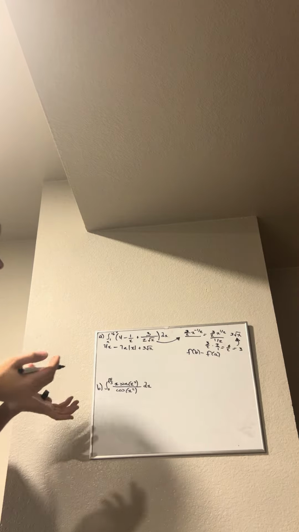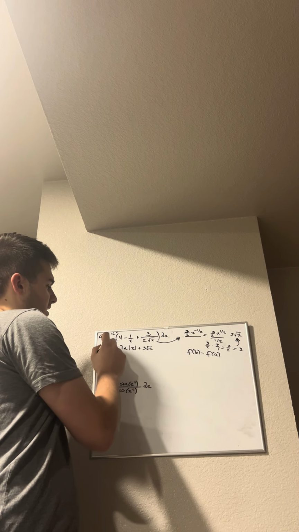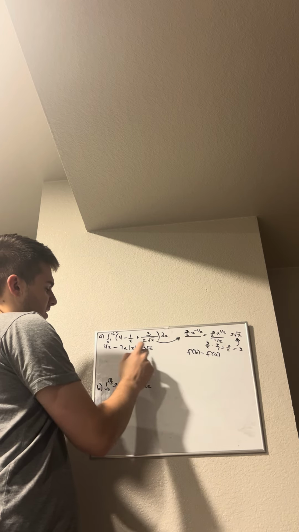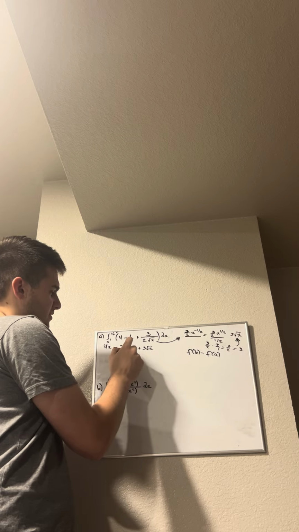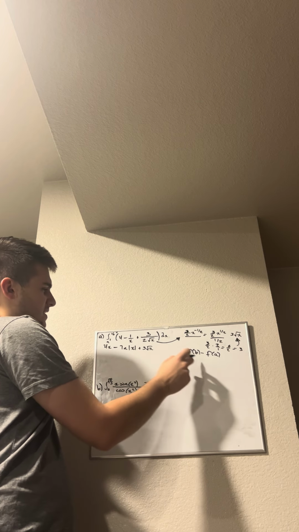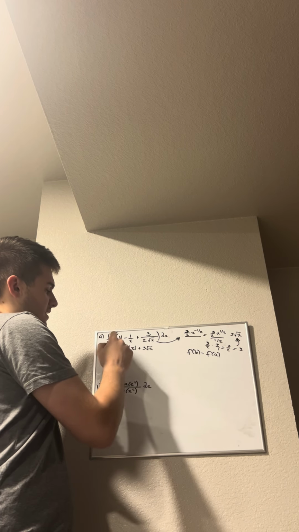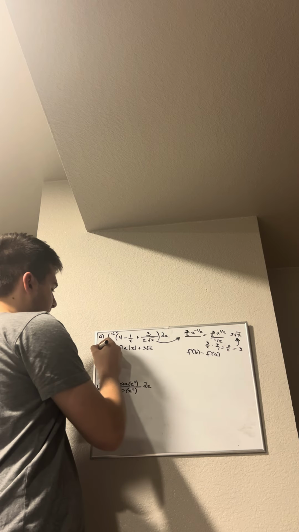So how do we do this? We want to plug 1 in for a into the antiderivative, and do the same thing with 16, plugging it in for b, and find the difference between the two. So let's do this together, shall we?